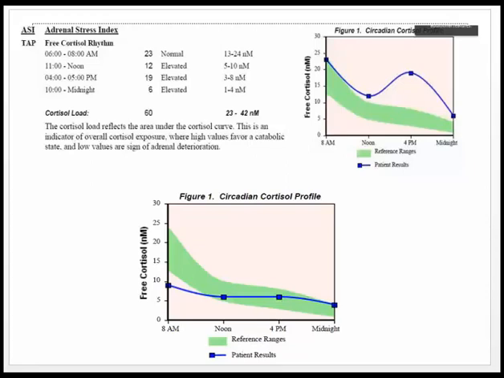But here's the problem with conventional testing. Typically people go get their blood work done in the morning, so if that person were to have their blood tested for cortisol in the morning, they would never have been able to see the pattern of the stress response that person is going through. From noon all the way until the time they're sleeping is really where the heart of the issue is.